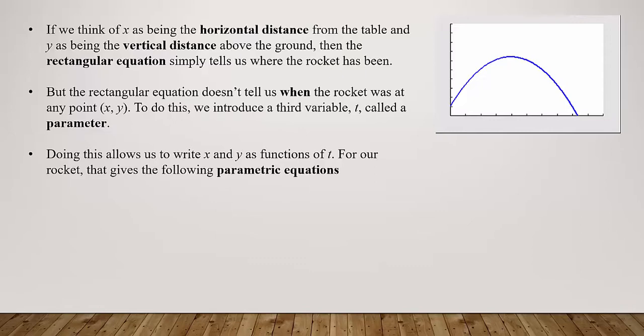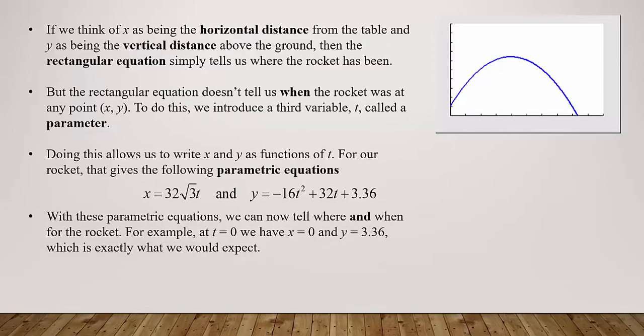So for this rocket, it would give the following, what are called parametric equations. x is 32 square root 3 t, and y is negative 16t squared plus 32t plus 3.36. Now with these parametric equations, we can tell where and when for the rocket.